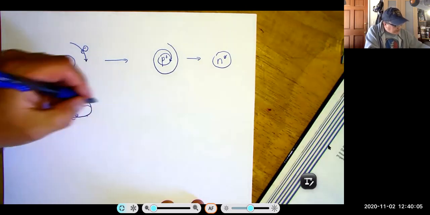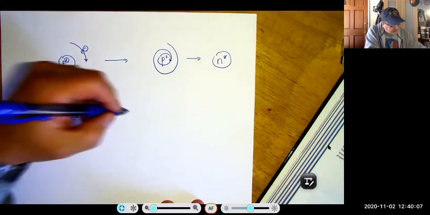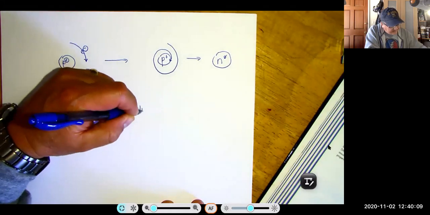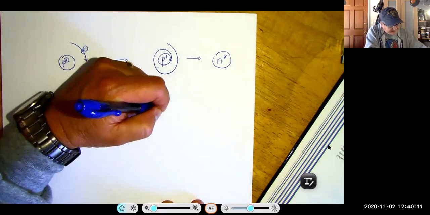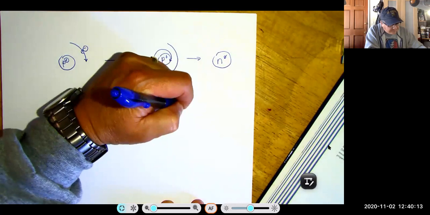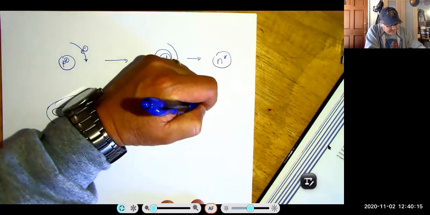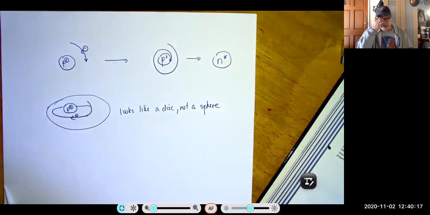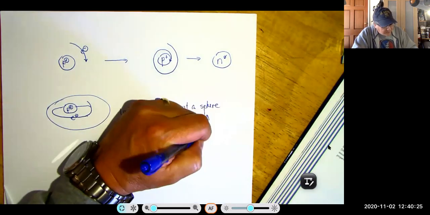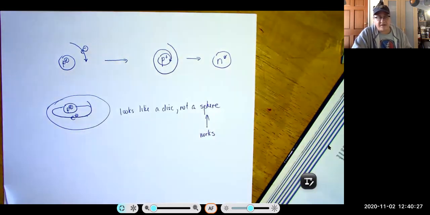So when you take a look at this right here, it looks like a disk, not a sphere. So that means our hydrogen atom should look like a plate, not a sphere. But the sphere model works best when we look at atoms, not the disk model. So that's another problem with Bohr's atom.